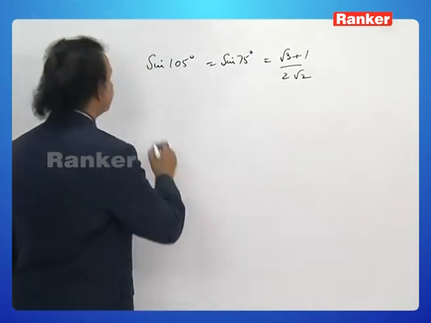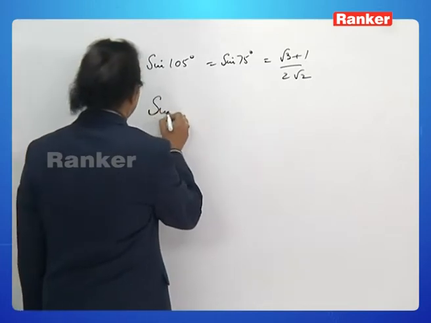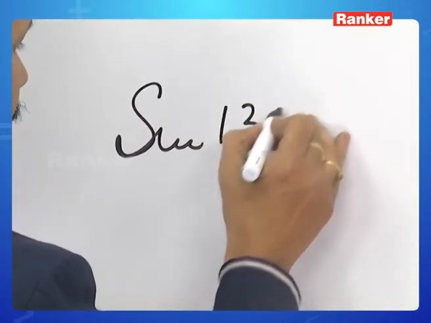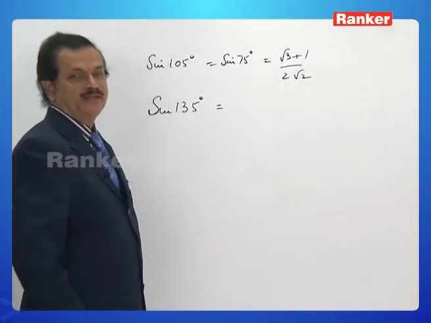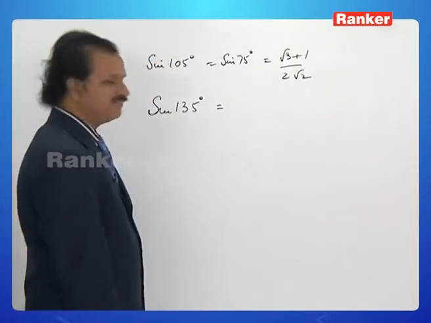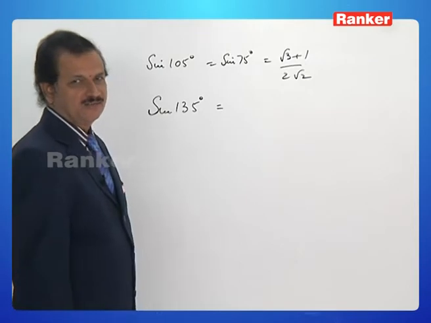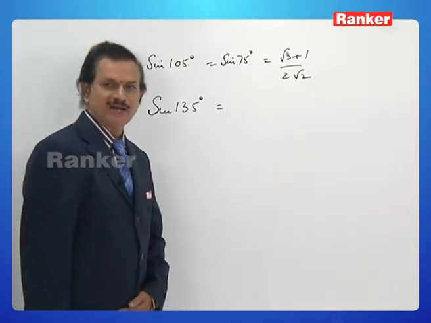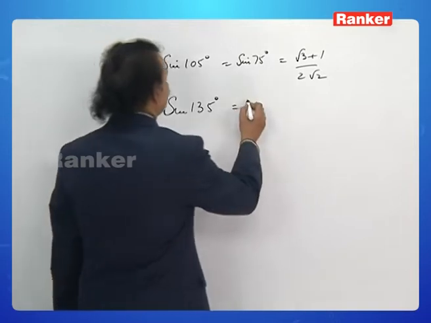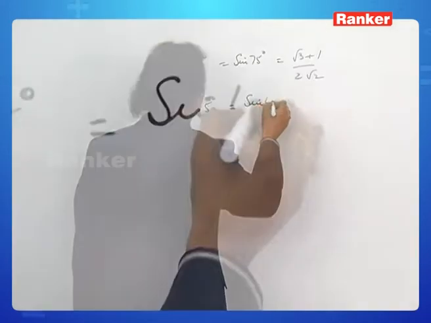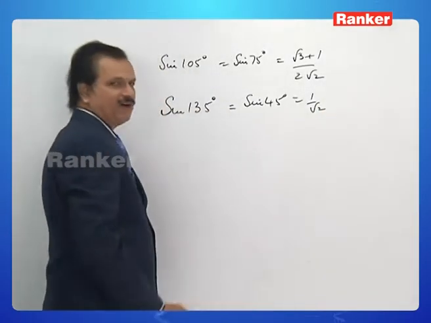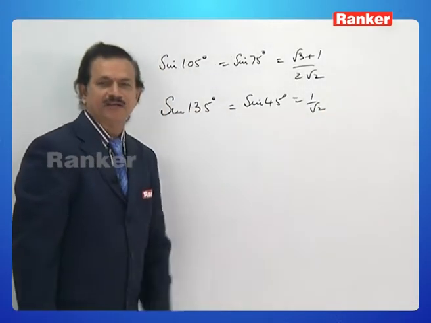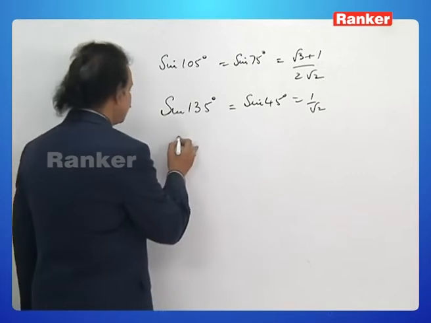Next, sine 135. What is sine 135? It is nothing but sine 45. Isn't it? 135 plus 45 is 180. Hence it is sine 45, hence it is 1 by root 2. Sine 150 is nothing but sine 30. It is half. And then sine 165.